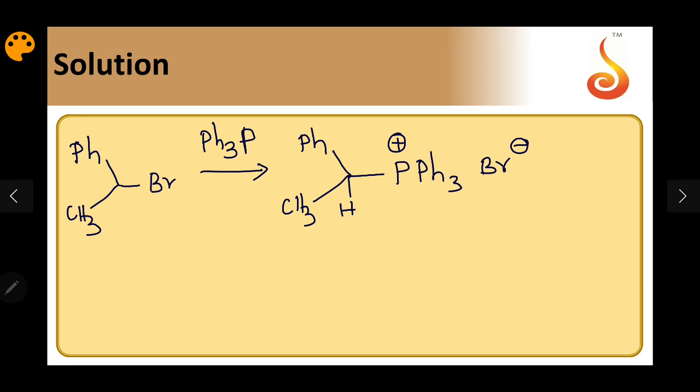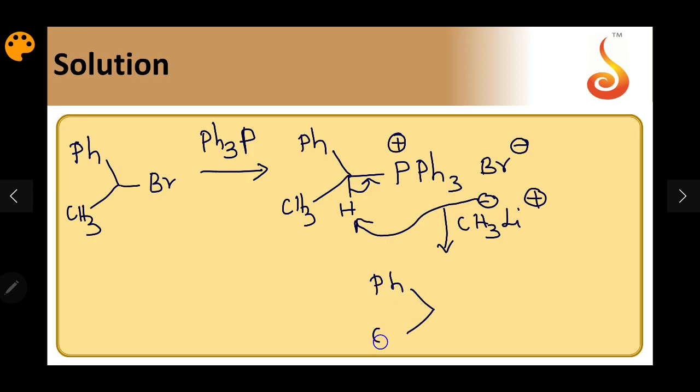Now the next step is CH3Li, a very strong base. This strong base will take the proton and move the electron pair here to form the ylide. What I get is Ph, CH3, double bond, PPh3. This is the ylide which is formed.